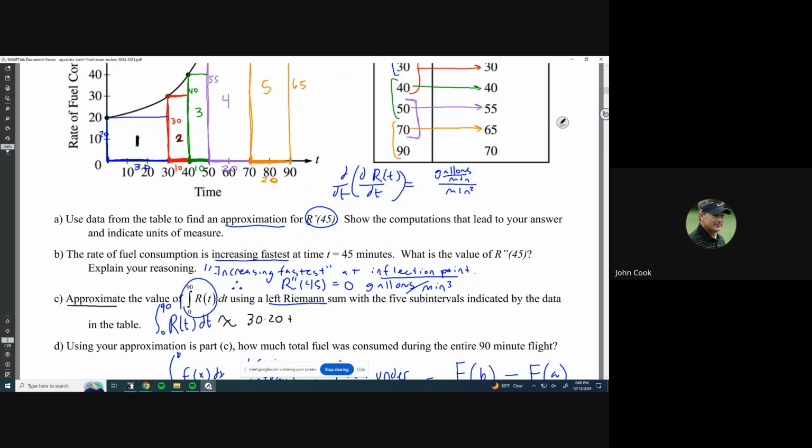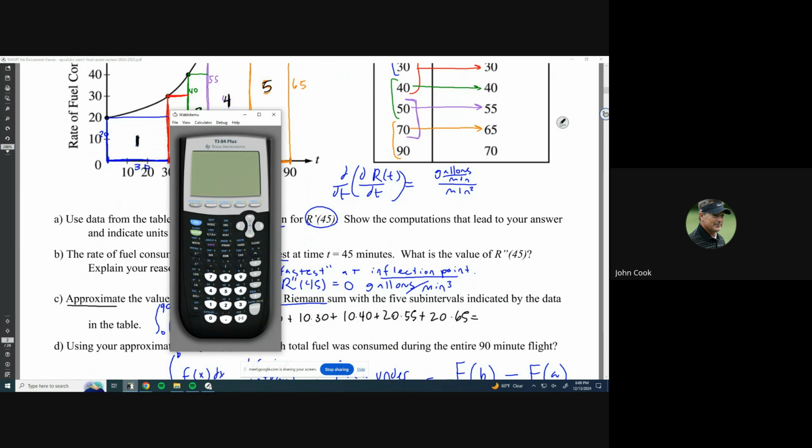The second interval has a base of 10 and a height of 30. The third interval has a base of 10 and a height of 40. The fourth interval has a base of 20 and a height of 55. And the fifth interval has a base of 20 and a height of 65. So I add all that together, and that'll give me my approximation for the Riemann sum.